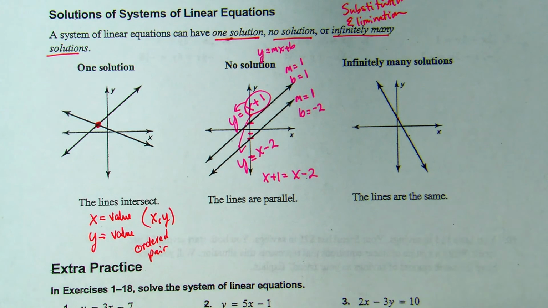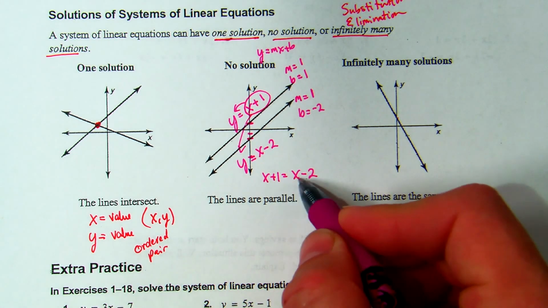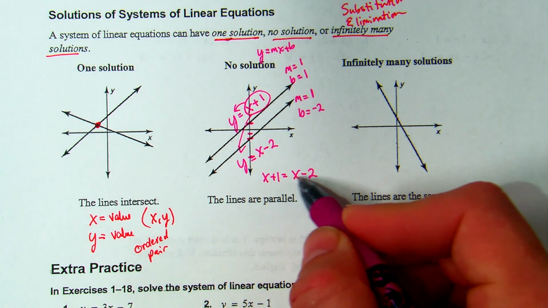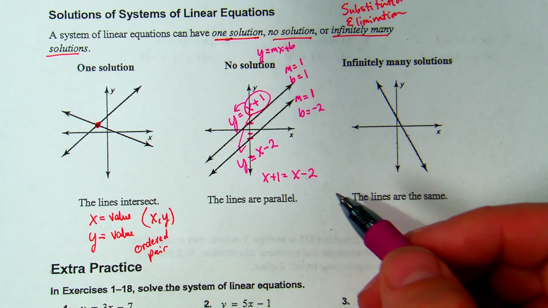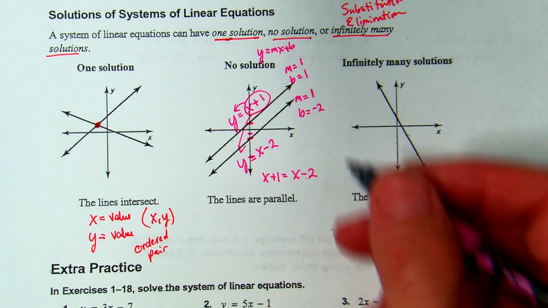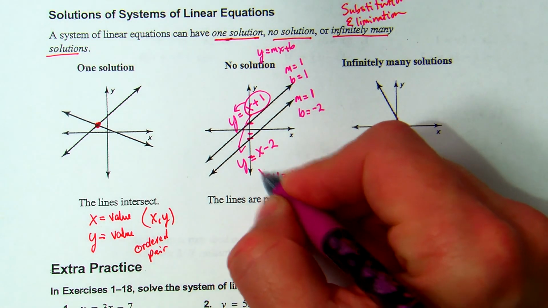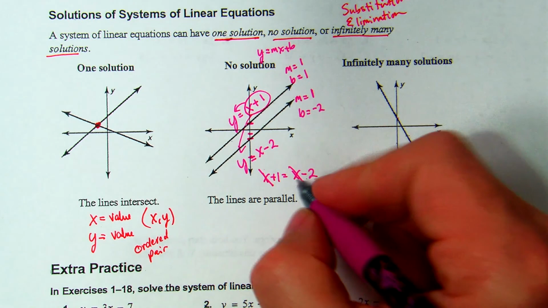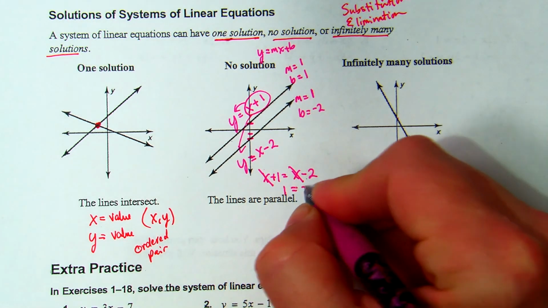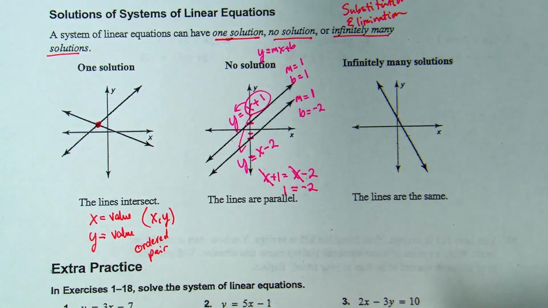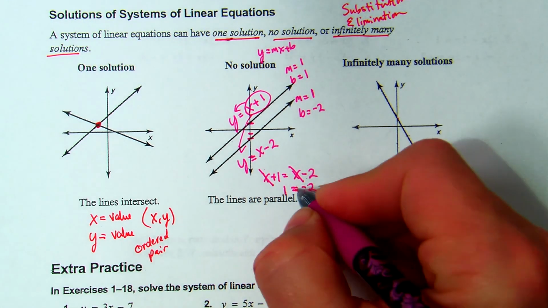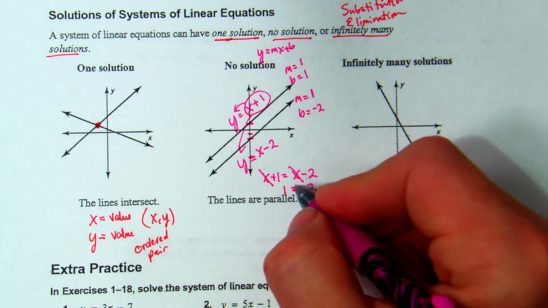And we know that anytime we have the same thing on both sides, where x is on both sides, they're just going to cancel out. So the x's cancel, they go away, and I'm left with 1 equal to -2. And we know that that's not true. We know that 1 does not equal -2.